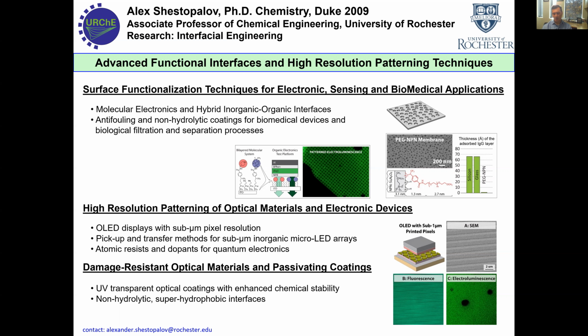We also work in collaboration with other professors at the University of Rochester on modifying surfaces of biomedical devices and materials. So, for example, in sensing and diagnostics, we develop methods that allow us to create interfaces that are really stable at conditions when you analyze biological samples, and at the same time, these interfaces are chemically specific to certain analytes that you have in the solution.